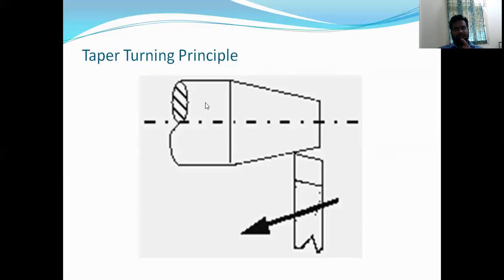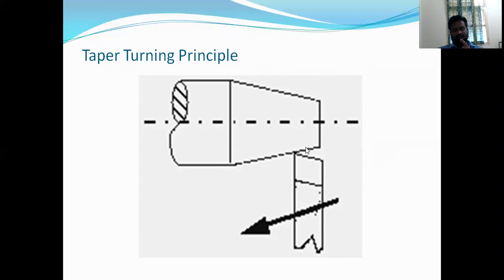Here, this is our workpiece, right? And the cutting tool is here. The shape of the cutting tool is similar to the shape we produce on our workpiece.